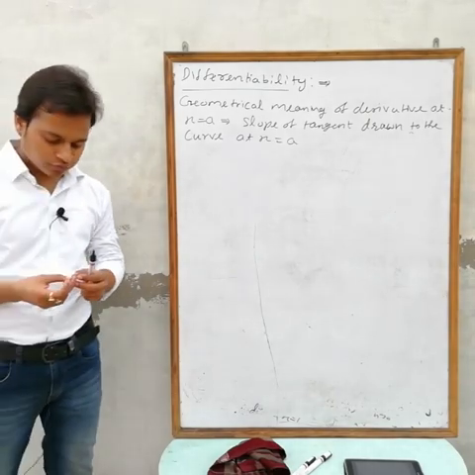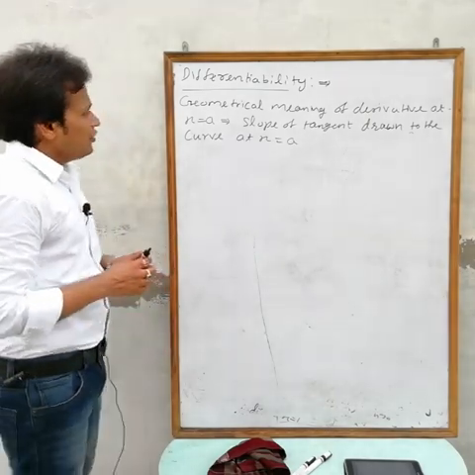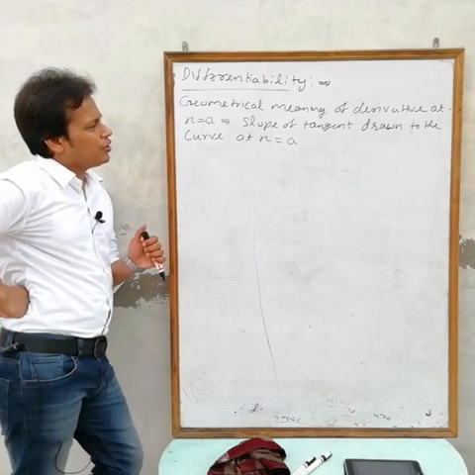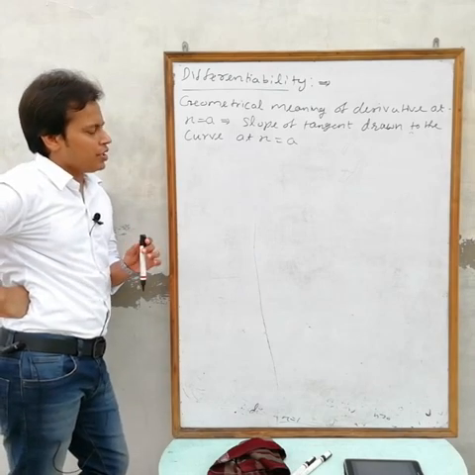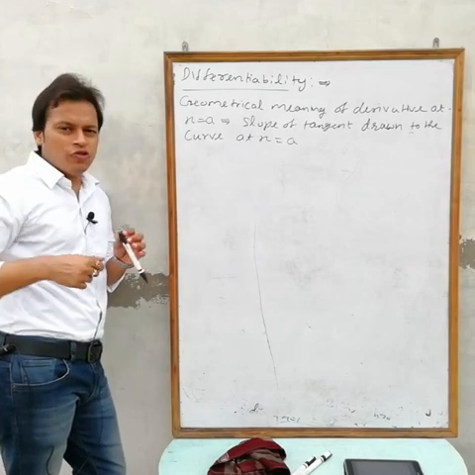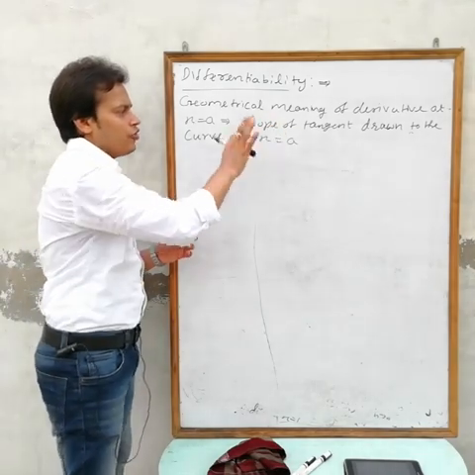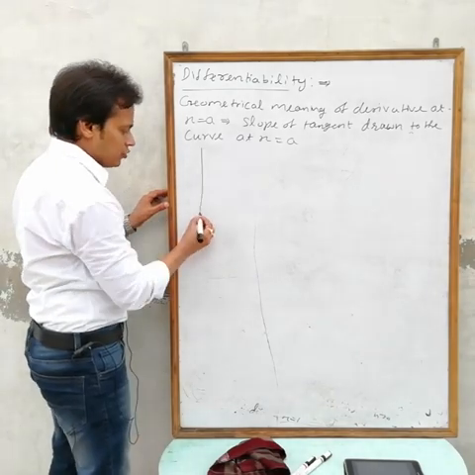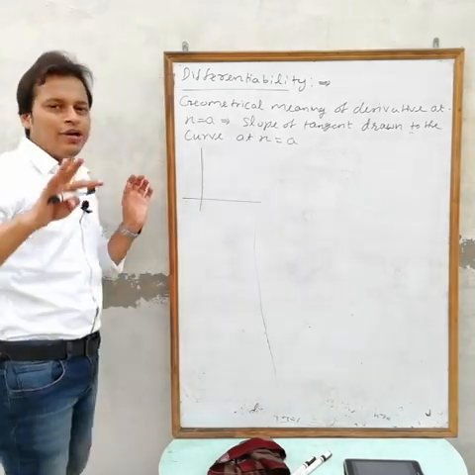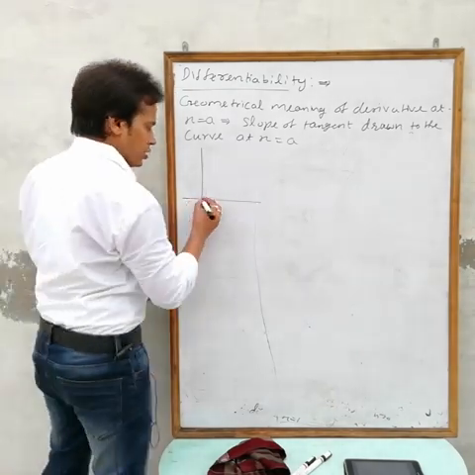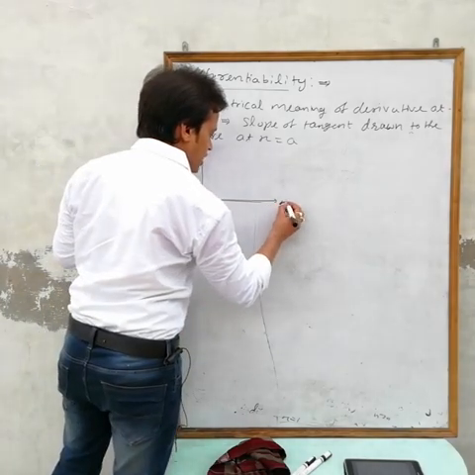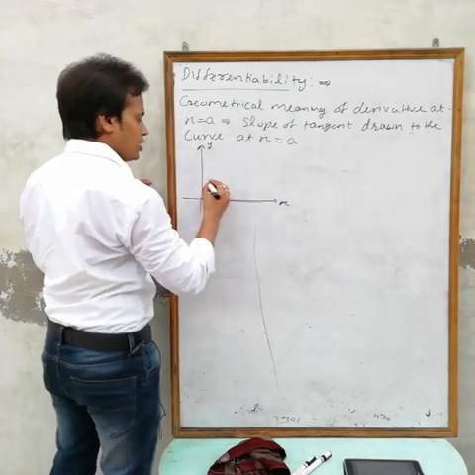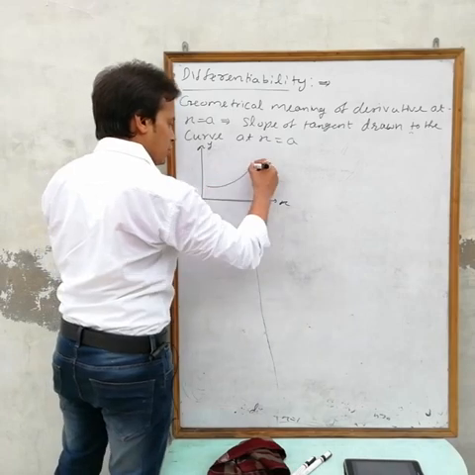Now see, we want a formula for the derivative at x equals a. So to find the formula, what we have to find? We have to find the slope of the tangent at x equals a. First I am taking a secant, because the tangent is the limiting position of the secant. Suppose this is the x axis, this is the y axis, and this is any curve.